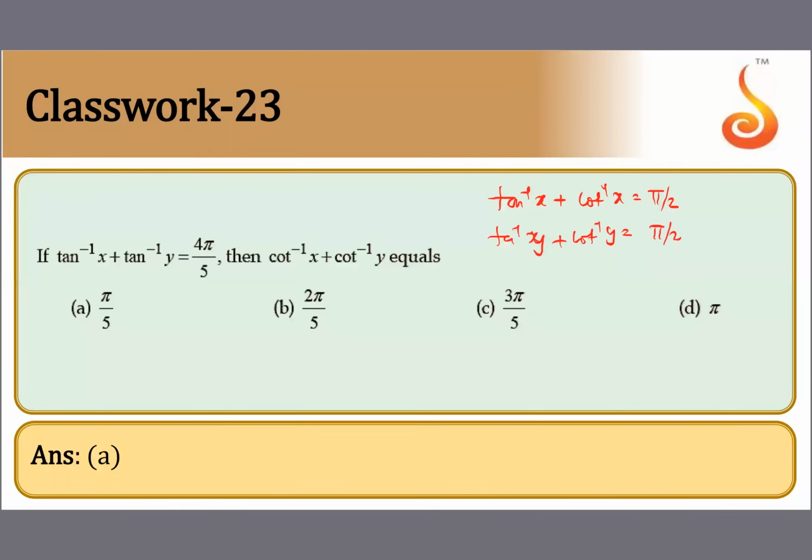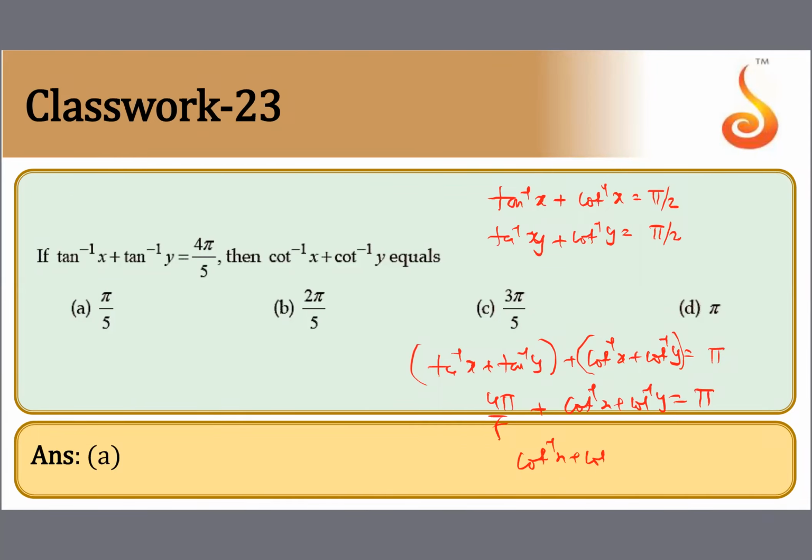You add them. Tan inverse x plus tan inverse y plus cot inverse x plus cot inverse y is equal to pi. Correct? So tan inverse x plus tan inverse y is 4 pi by 5, so cot inverse x plus cot inverse y is pi minus 4 pi by 5, which is pi by 5. Any doubt? Simple one.